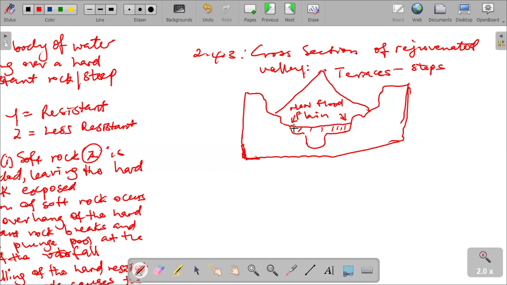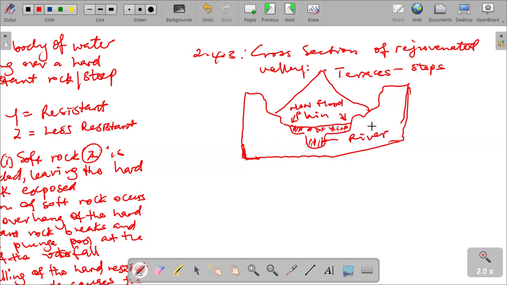This is the new floodplain that we are showing here, which is shown by the shaded region, and this is now our new river there.